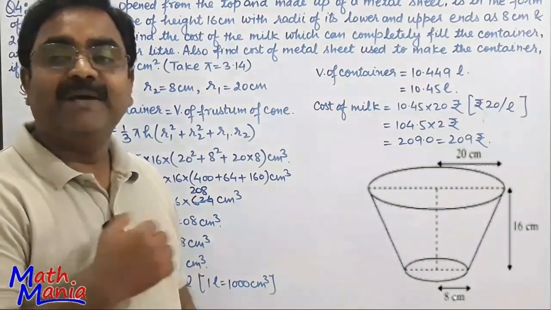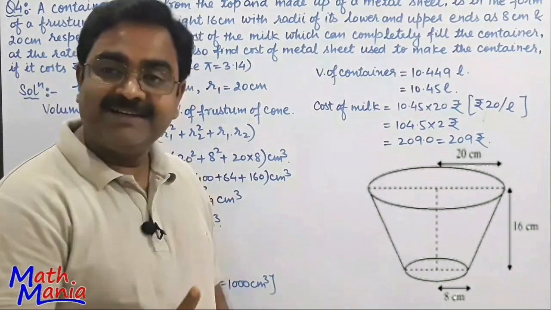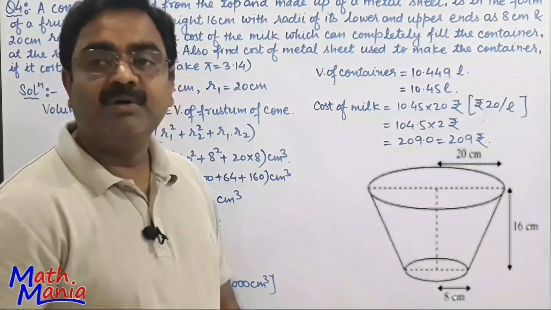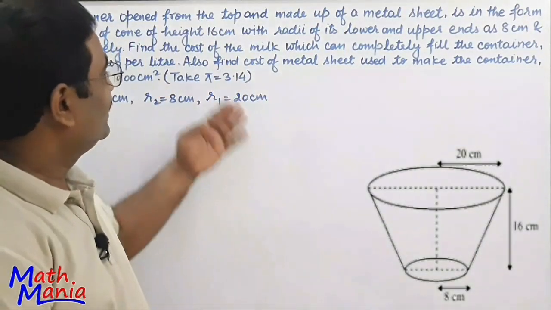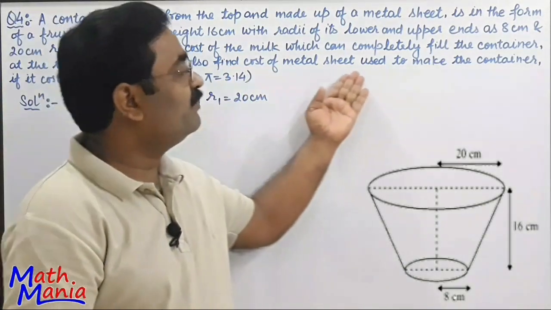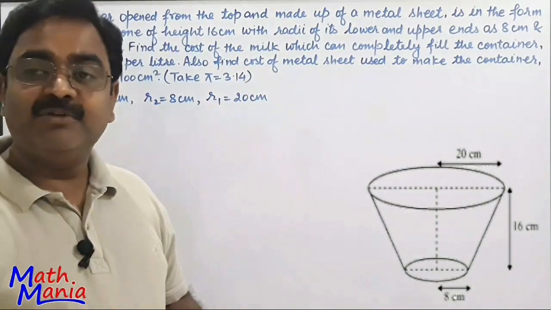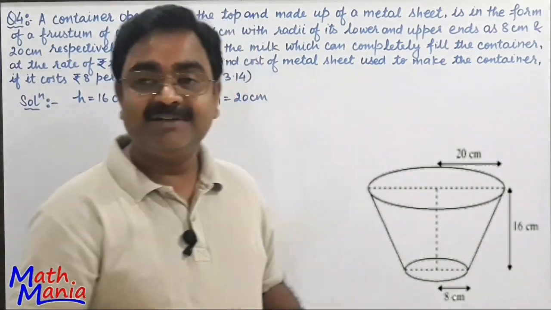So we need to find out its surface area of the container, means curved surface area plus area of the bottom. As for the second question, it is asking the cost of metal sheet. To find the cost of metal sheet, first we have to find how much metal sheet is required.